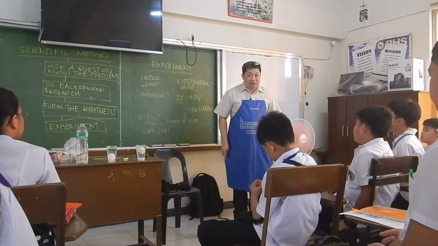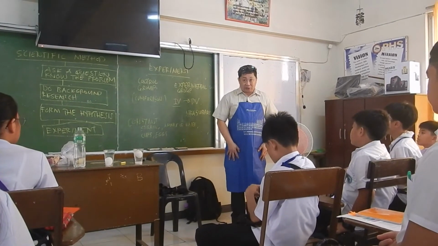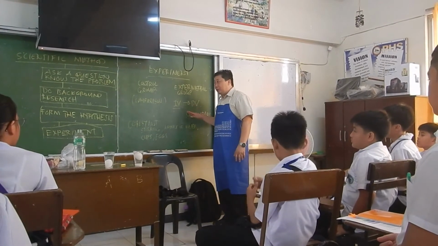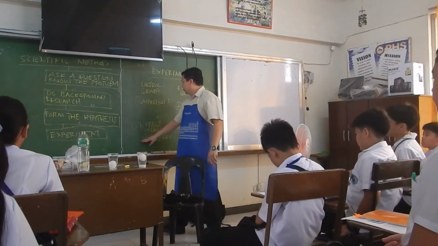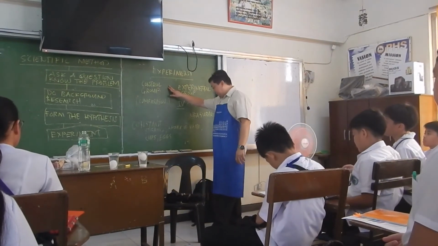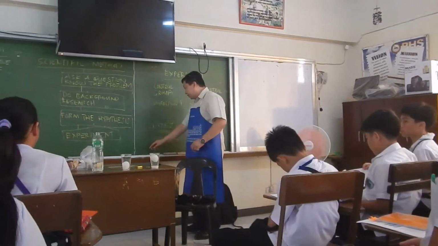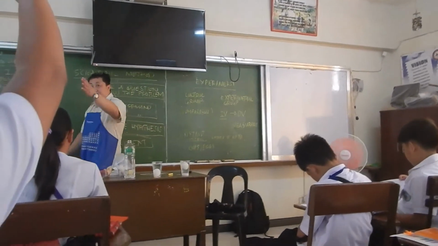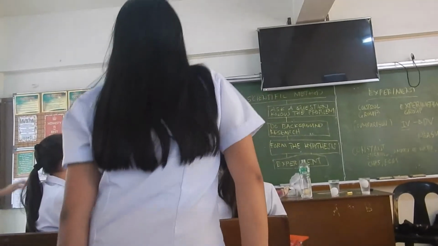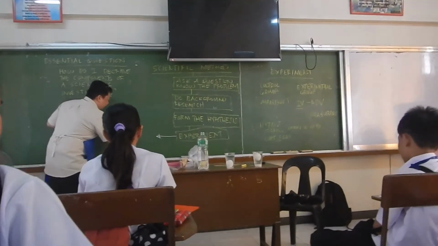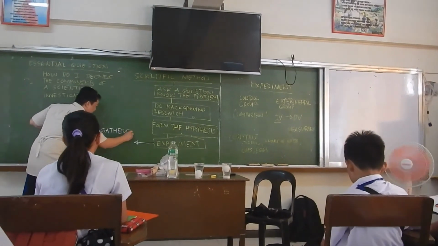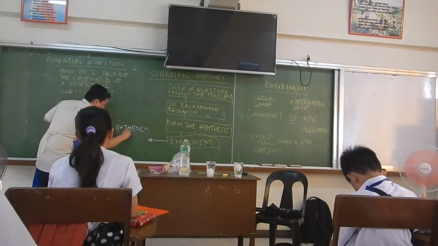That concludes our experimentation, and with what we have learned, we have gathered what? What did we gather after the experiment? Yes, ma'am. Data. So after the experimentation, we have gathered data.